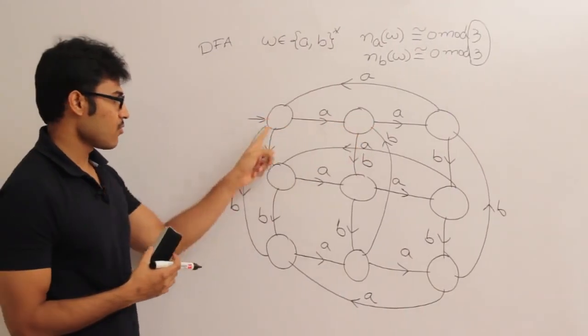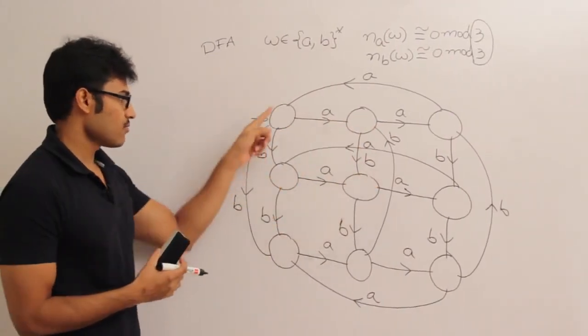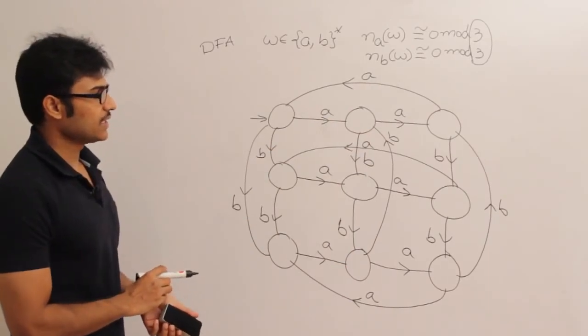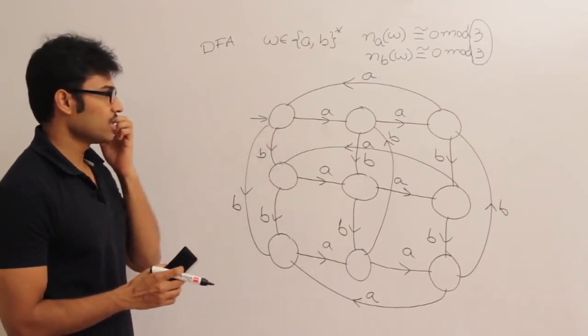Mod 3 counter for A, mod 3 counter for B, and so on. So let's see what each state denotes in this question.